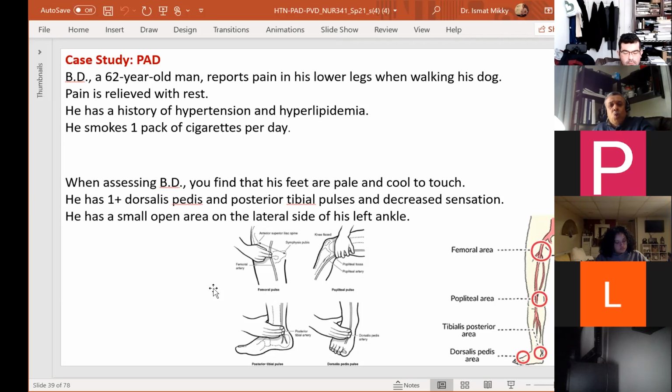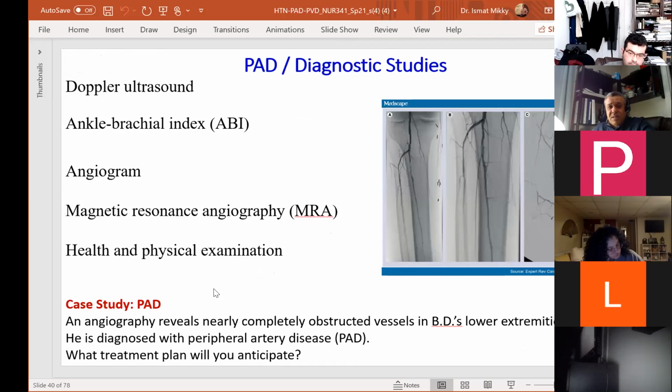What are your concerns regarding these assessment findings? The tissues aren't perfusing in his legs properly, which means there is decreased arterial circulation and decreased perfusion to the cells of the lower extremities, and that's evidence of a complication, the arterial ulcer.